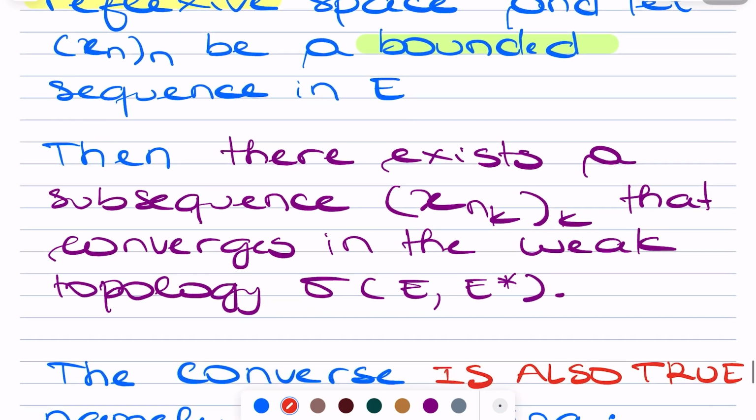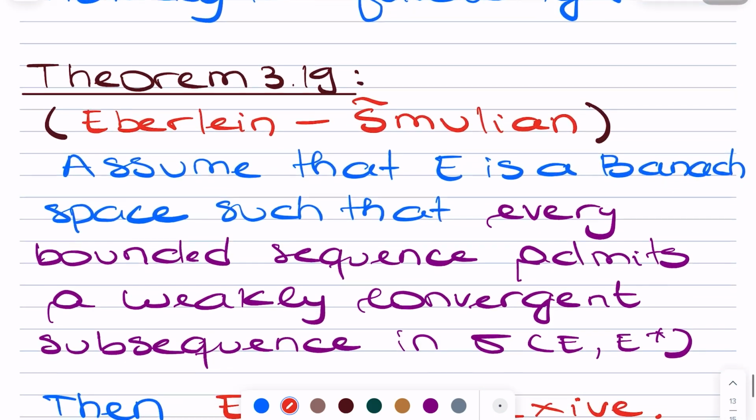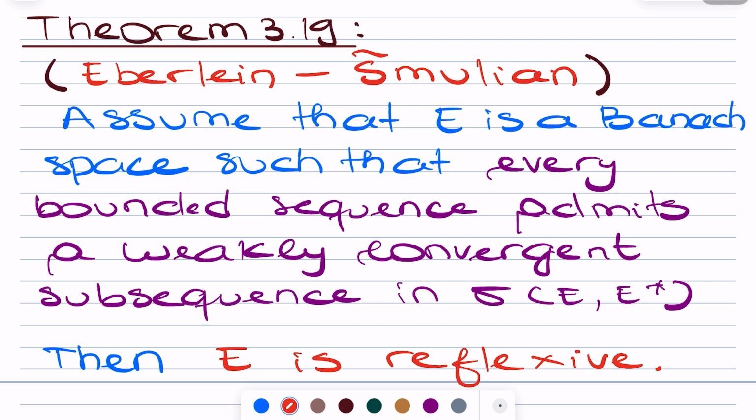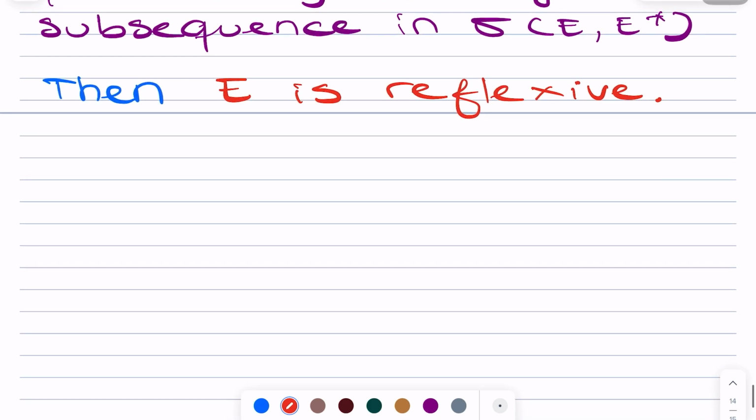However, the proof of the Eberlein-Smulian theorem is rather delicate. So, in order to clarify the connection between Theorems 3.17, 3.18, and 3.19, I think it's useful to recall some basic facts.